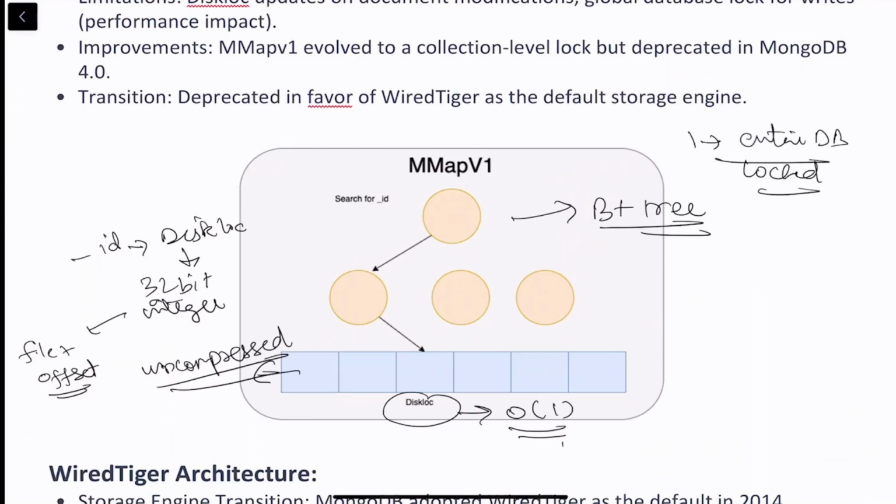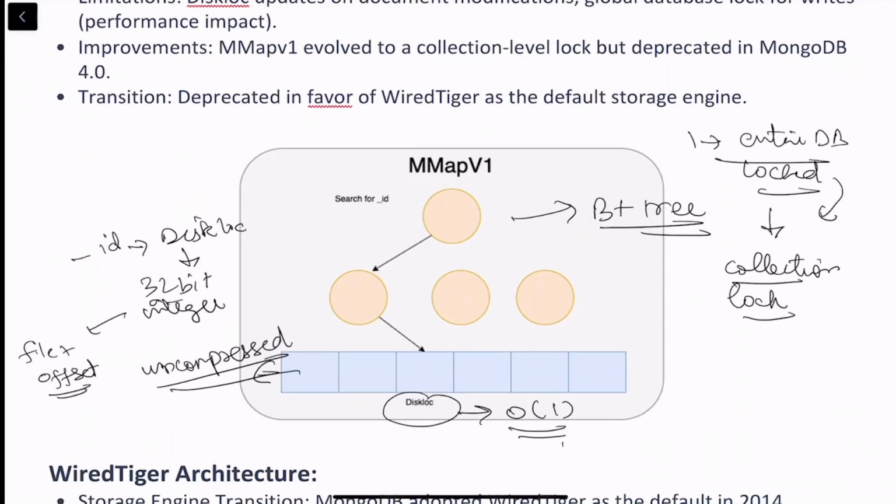To address this, the memory map actually evolved by removing this DB lock into the collection level lock. Despite this improvement, MongoDB decided that we should move to a more advanced storage engine since it was not able to fulfill the write efficiency.